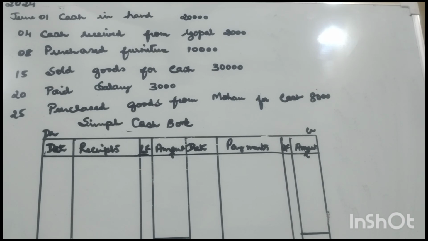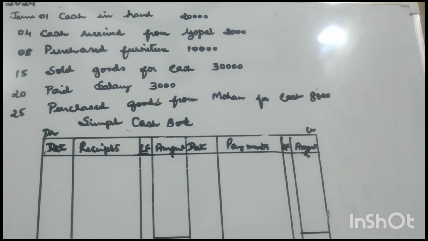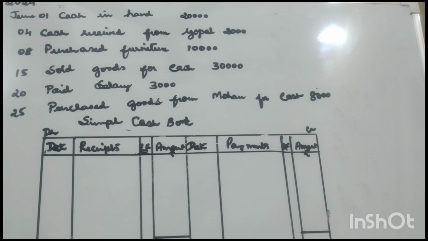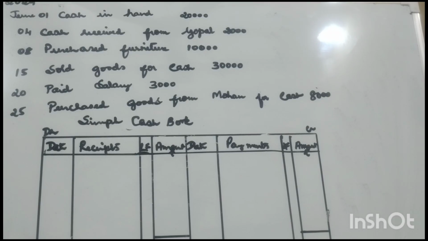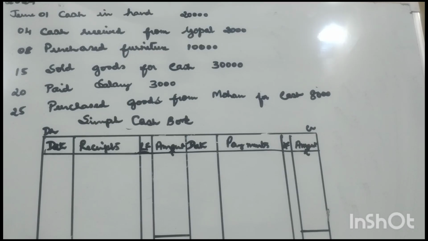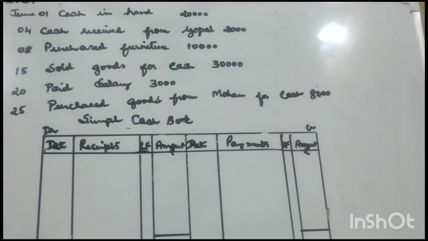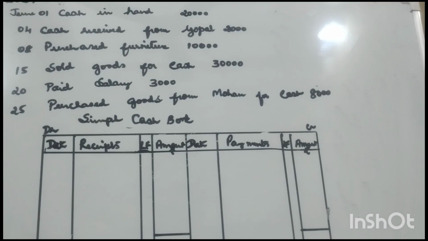In the previous videos we have already learned those subsidiary books for recording credit transactions. Credit purchase transactions are recorded in purchase book, credit sales transactions in sales book, purchase returns transactions in purchase returns book, and sales returns transactions in sales returns book.